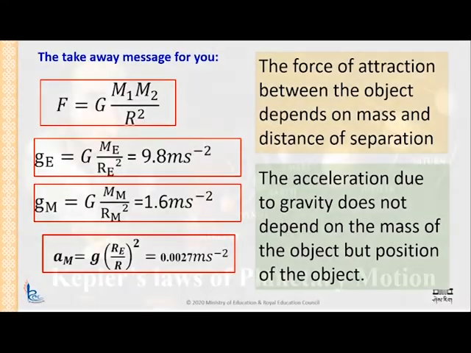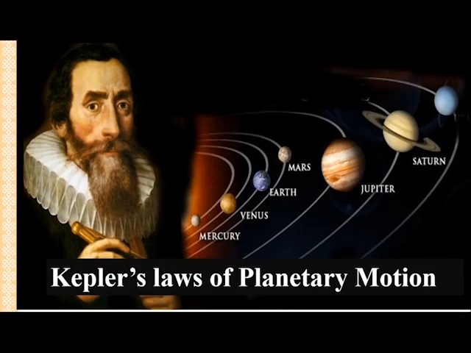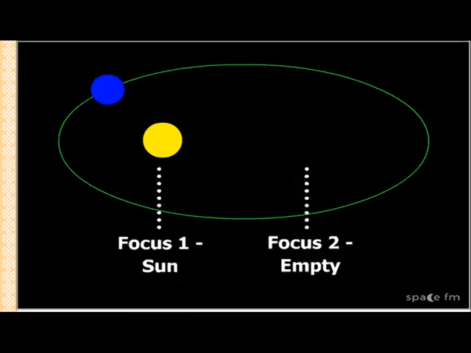But later it was his assistant Johannes Kepler who satisfactorily explained the planetary motion using the data recorded by Tycho Brahe, and later these laws were known as Kepler's laws of planetary motion. With this we will move on with Kepler's first law.